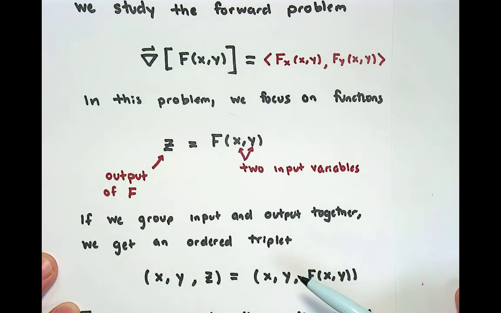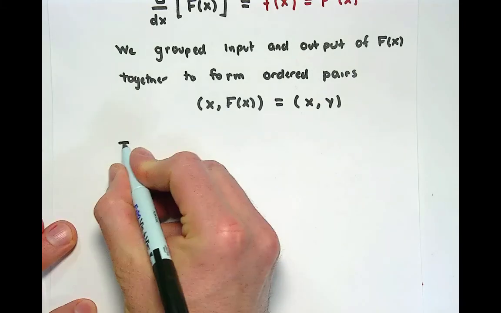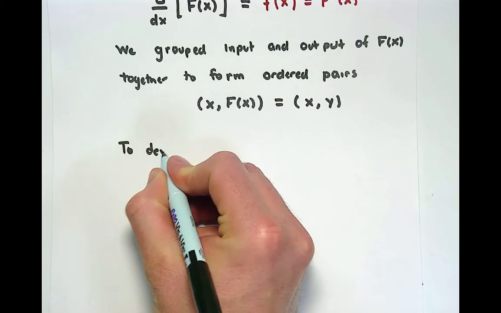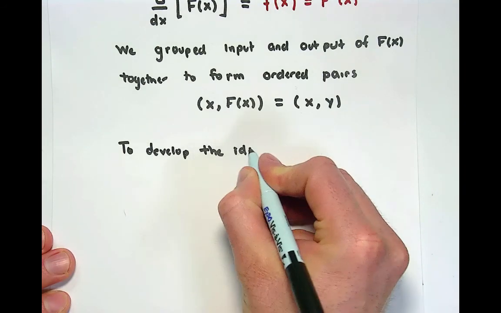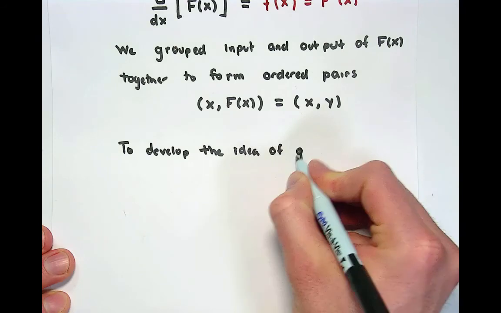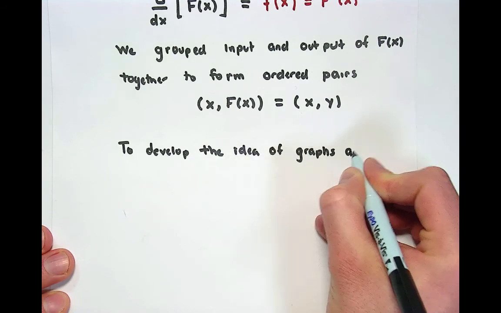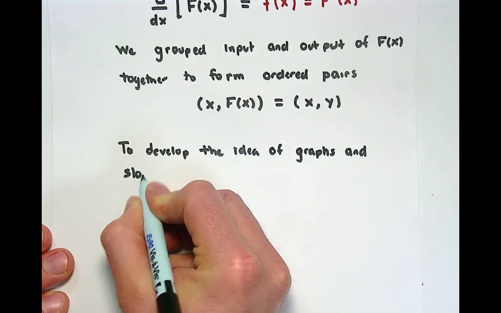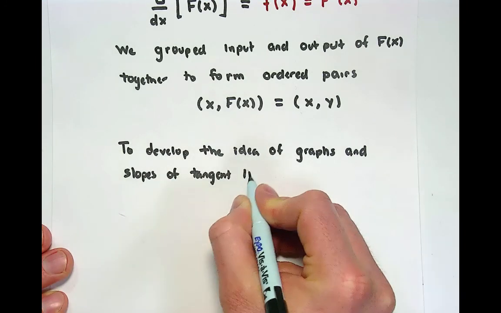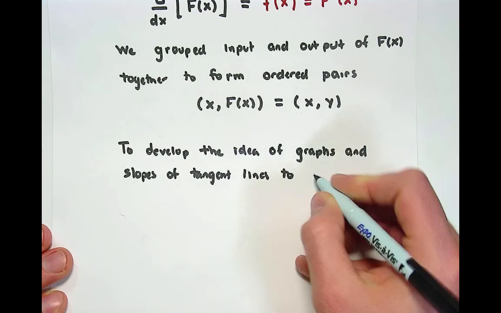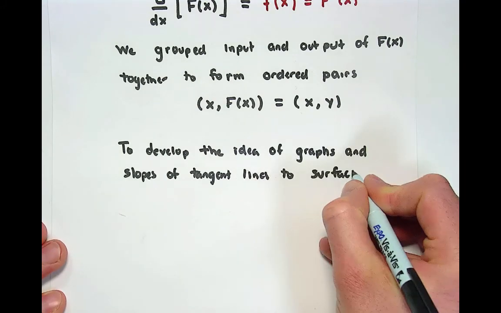So in order to get our head around this, we're going to introduce R3. The whole idea here is to develop the idea of graphs and slopes of tangent lines to surfaces.